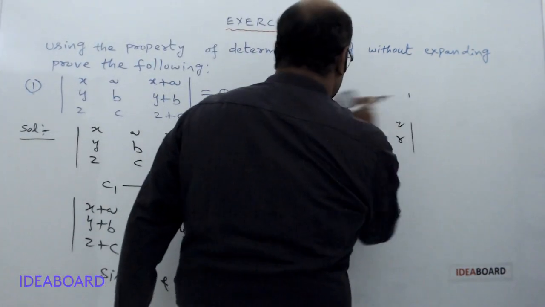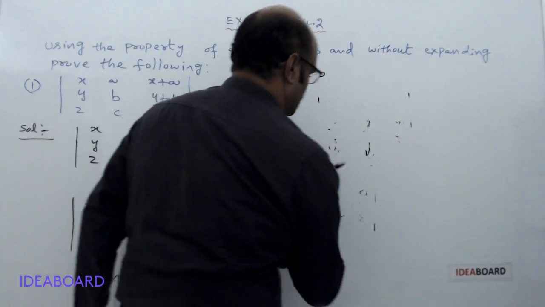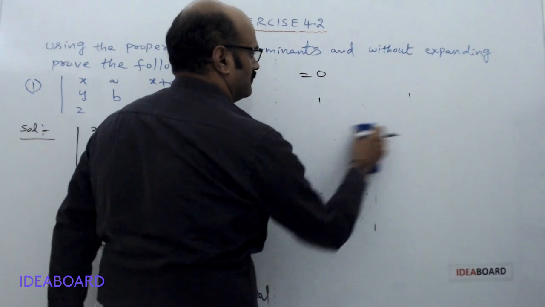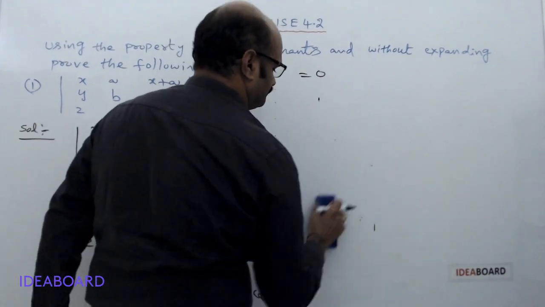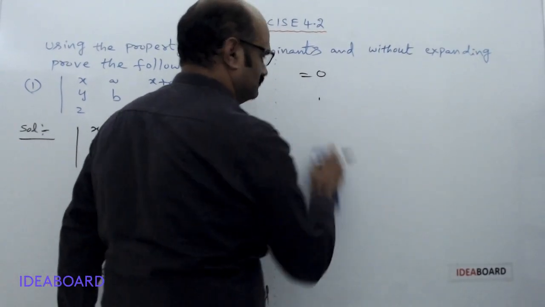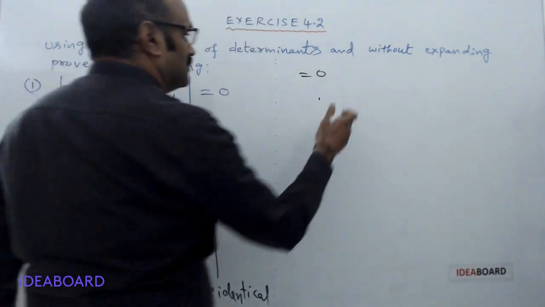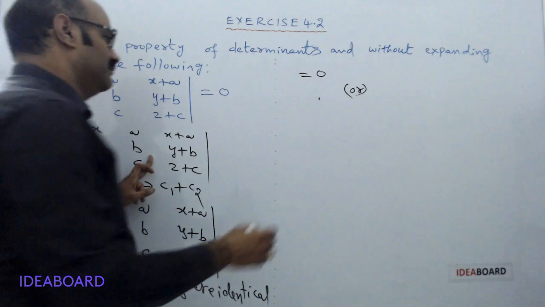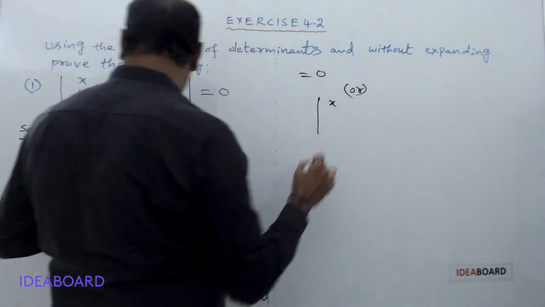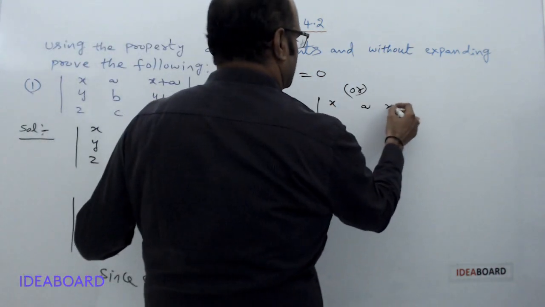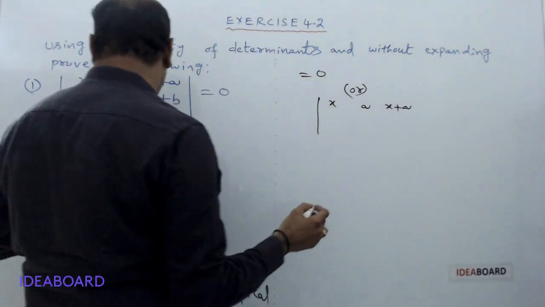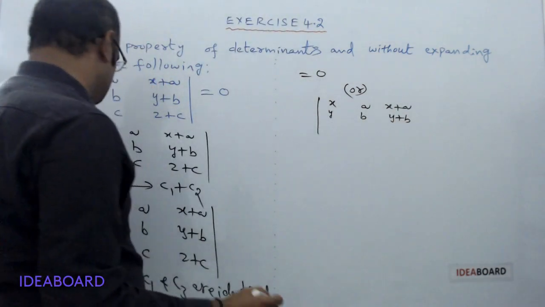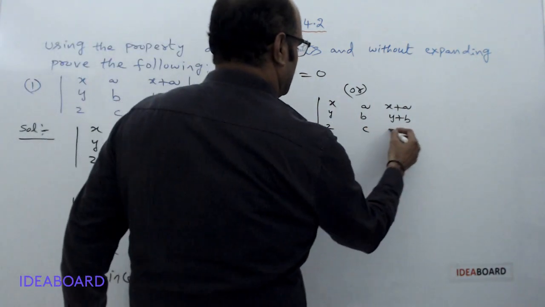Another method is to take the determinant of x, a, x plus a; y, b, y plus b; z, c, z plus c.